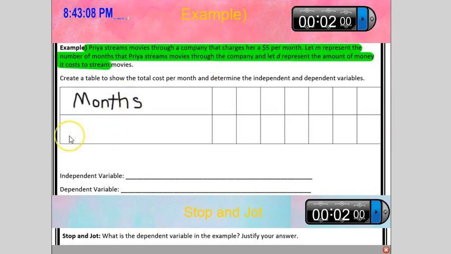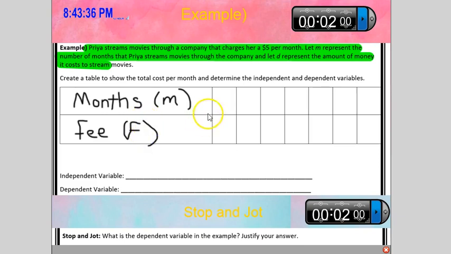They said to call this M, so we'll call this M. And then the other thing that we're looking at is a fee of $5 per month, right? So the fee down here is going to be $5 per month, and we can call that F. I mean, F makes sense for fee.